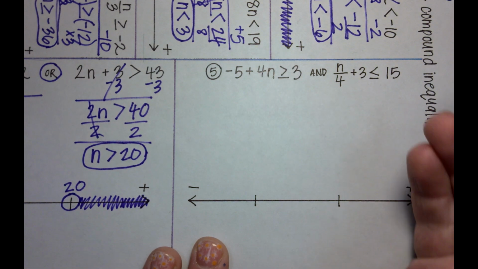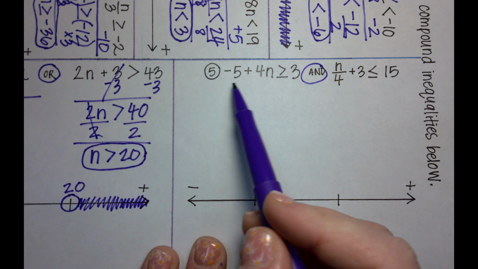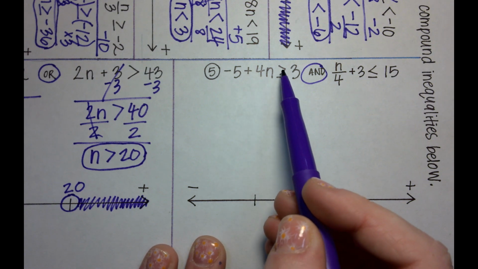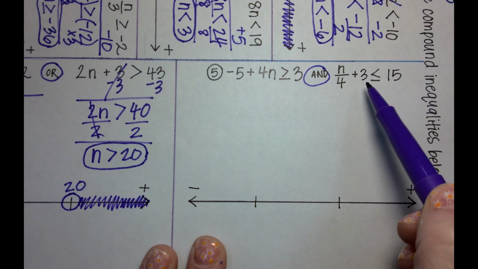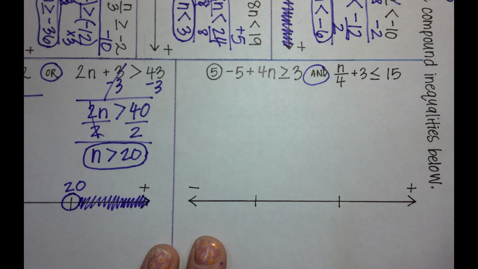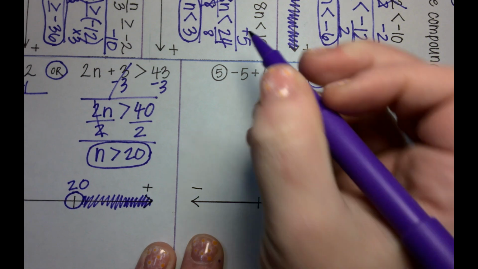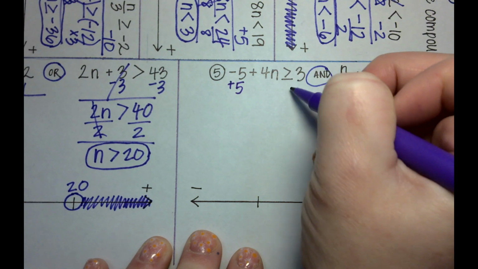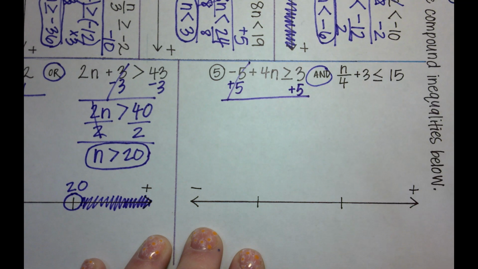I have an AND inequality. And I've got -5 plus 4n is greater than or equal to 3, and n over 4 plus 3 is less than or equal to 15. What should I do first over here? Plus 5. Good, plus 5 on both sides. My 5's will cancel.